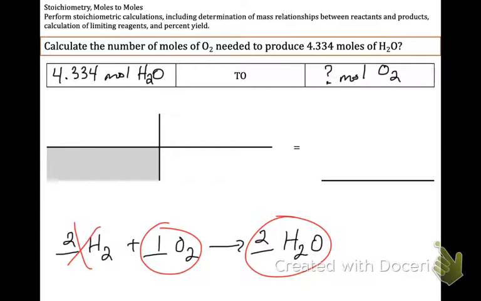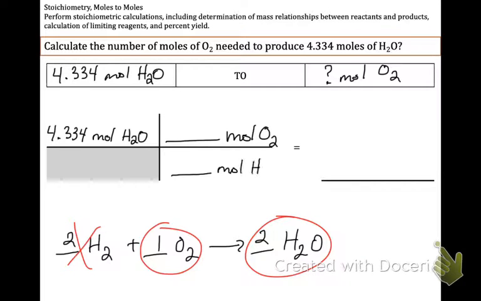You're going to start by writing down your given, 4.334, and it's important that you include the unit, moles of H2O. Ultimately, I'm trying to turn this into moles of oxygen. So when you're using dimensional analysis, what you want goes on the top. How do I get rid of moles of water? Well, moles of water has to go on the bottom of my conversion factor to cancel that out.